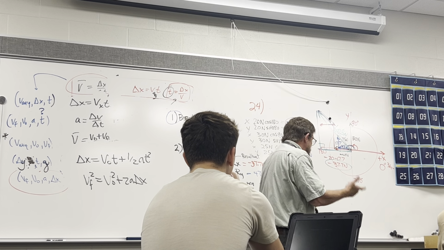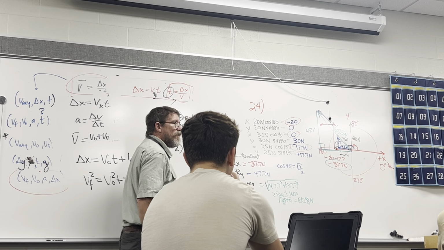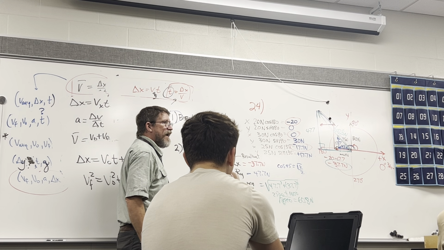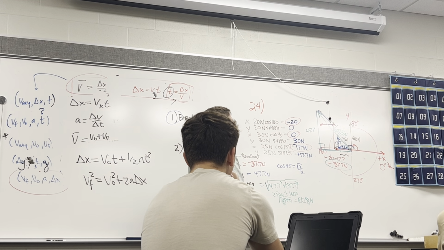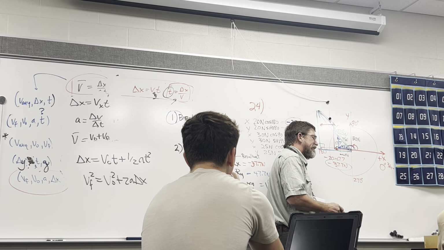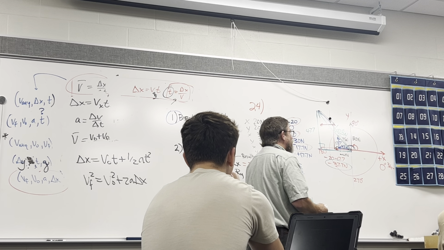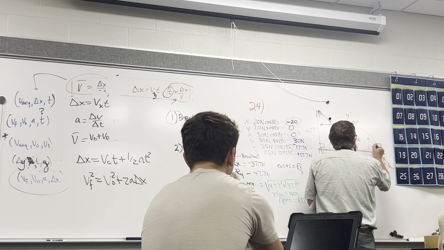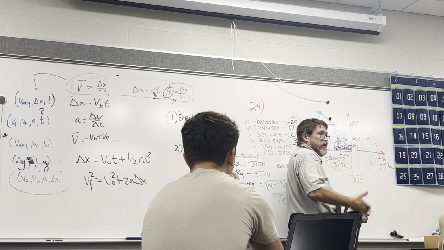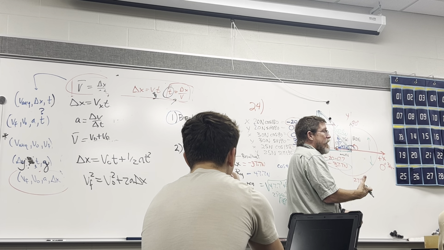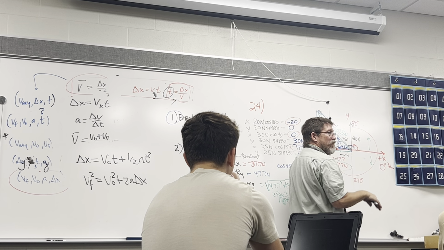Now, the direction part, if you always take the ratio of opposite to adjacent, here's how I think of this. Basically, your sine part is the up and down part. It's the y. Sine always goes with y. The cosine is the left and right.